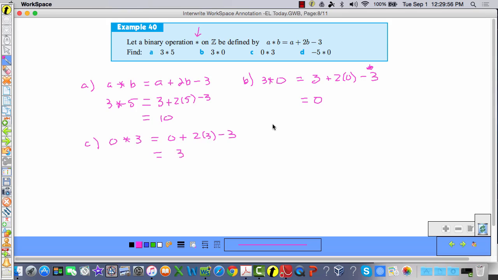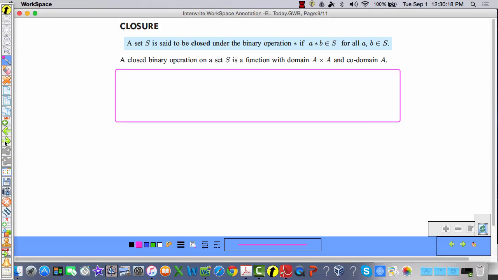And then finally, we have negative 5 star 0, which is not going to end up being 0 because of the binary operation which defines it. So this is going to be negative 5 plus 2 times 0 minus 3, which turns out to be negative 8. Easy peasy pumpkin pie.